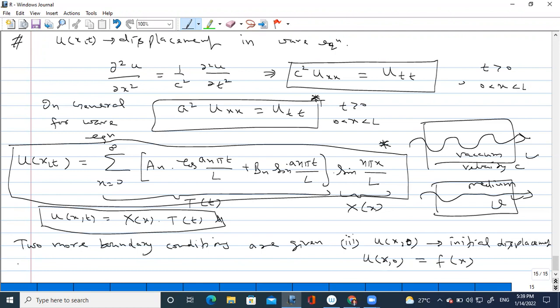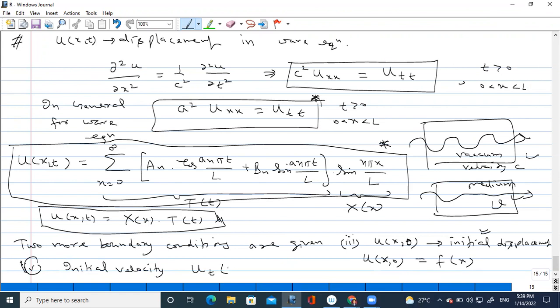One more condition can be given for the initial velocity. This is initial displacement. If I differentiate this, it will become initial velocity. So the fourth condition is my initial velocity. And how can I get that initial velocity? Differentiate this with respect to t.